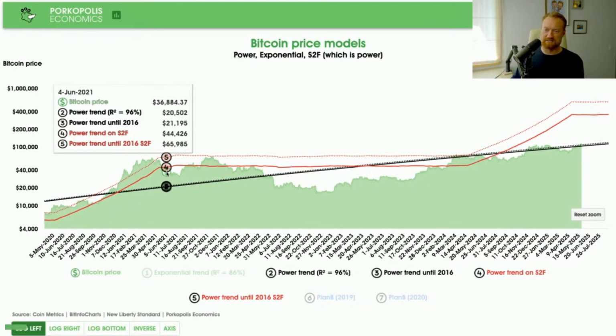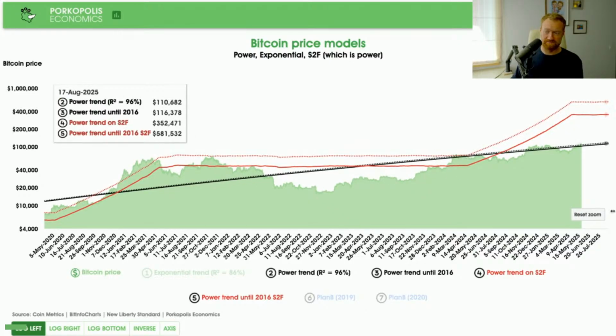And the 2016 stock to flow model, which stops picking up data after 2016, wouldn't catch the 2022 price action at all, from November 2021 until March 2024, when the ETFs were approved. And this was even a premature boom anyway. So that's a long time, 3 years where it doesn't even touch price action.